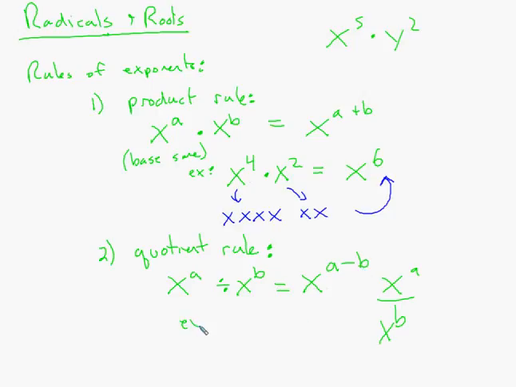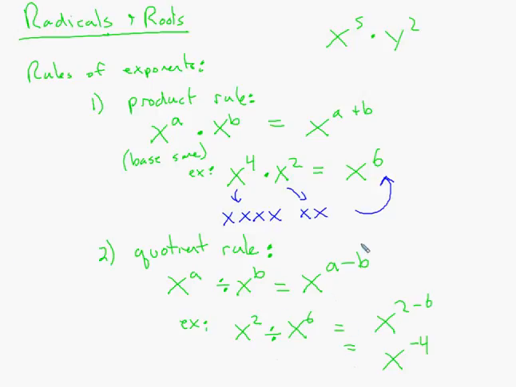So for example, if I had x squared divided by x to the 6th, what do I do with my exponents? You subtract them. What's 2 minus 6? Negative 4.